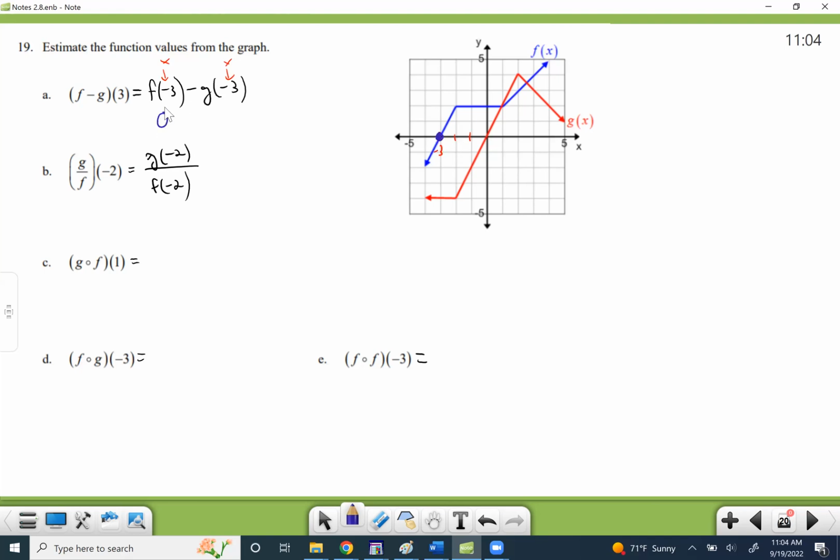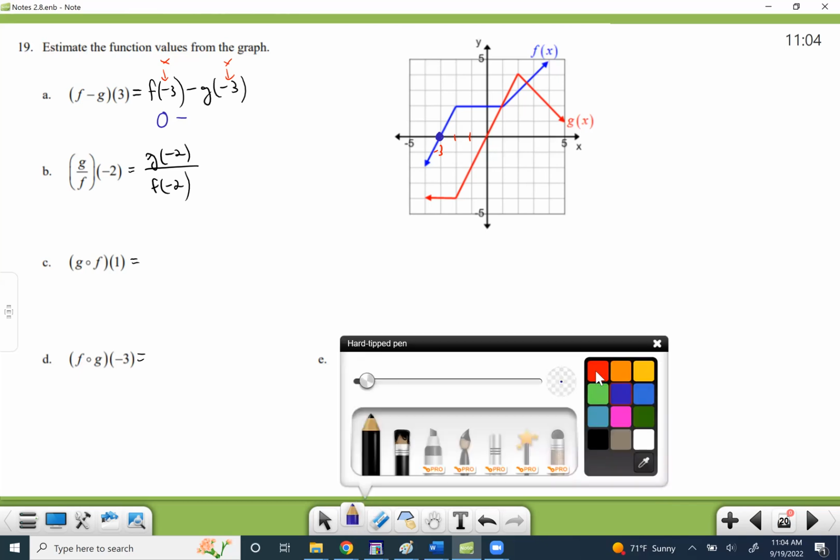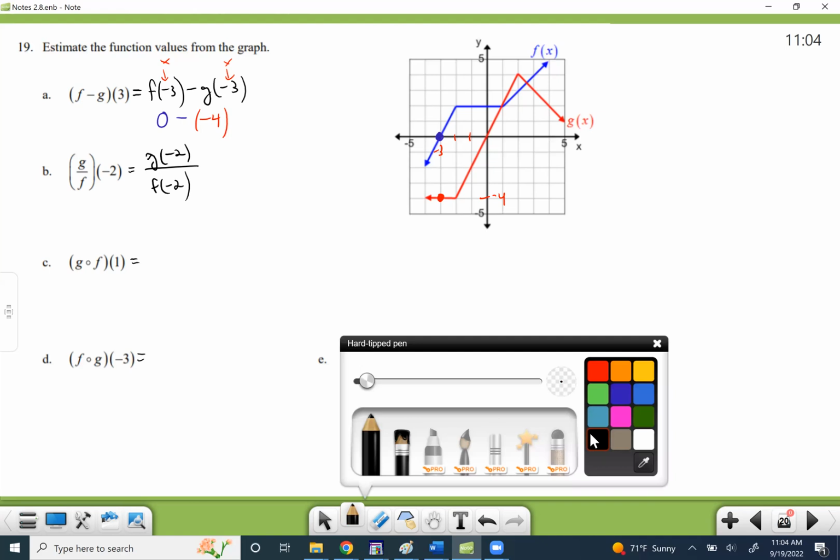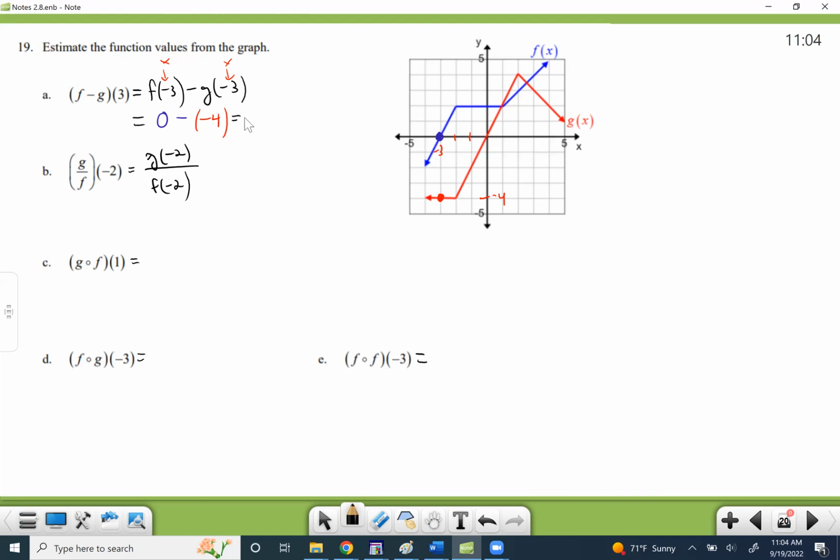So I'm going to write down 0. If I look at the red function, which is g, that's not at 0, that's at -1, -2, -3, -4. It's going to be at -4, you guys. Right here is the y value of -4. So I'm going to write down -4. So that's going to get me 0 minus -4, aka 0 plus 4. So the answer should be 4.